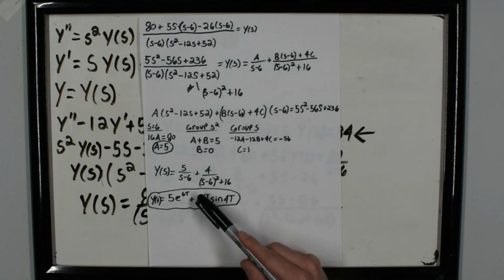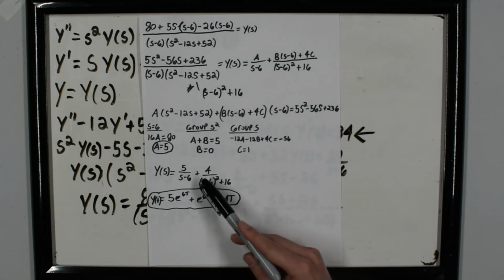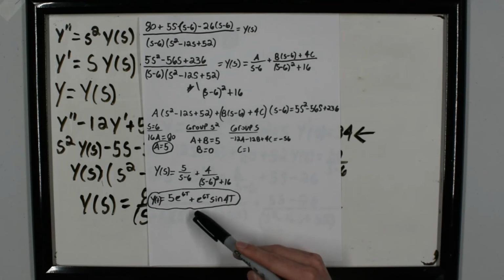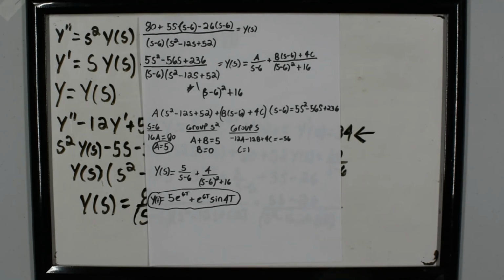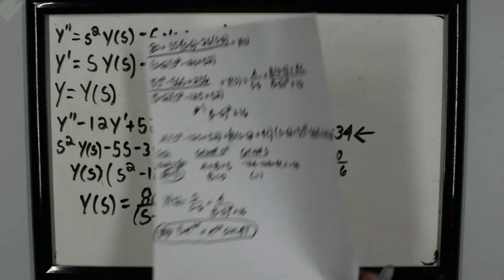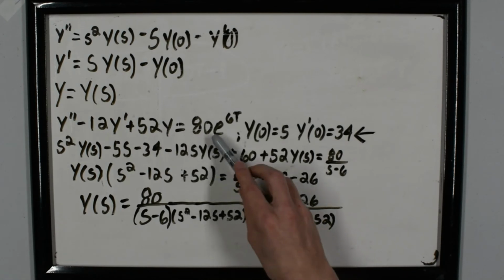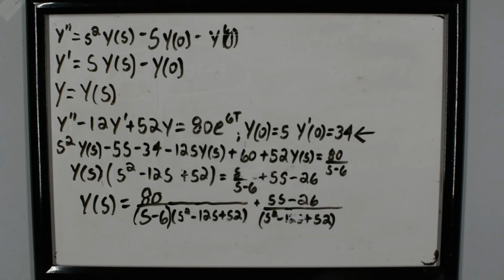With a little cheat sheet of Laplace transforms, we end up with 5e to the 6t plus e to the 6t sine 4t. And that will be the solution to the initial value problem when given this expression. I hope this helped.